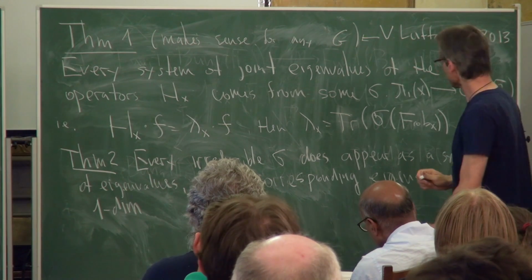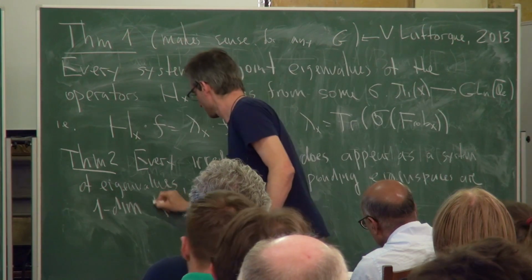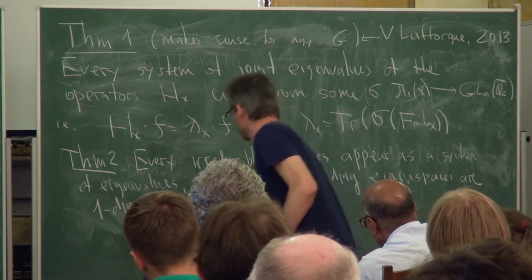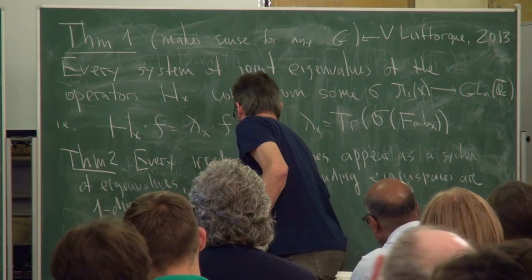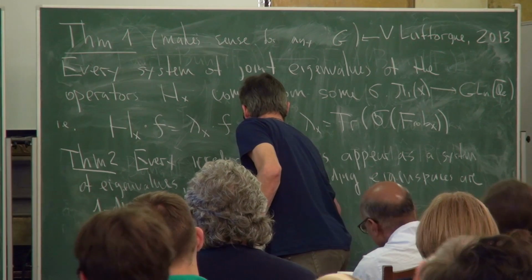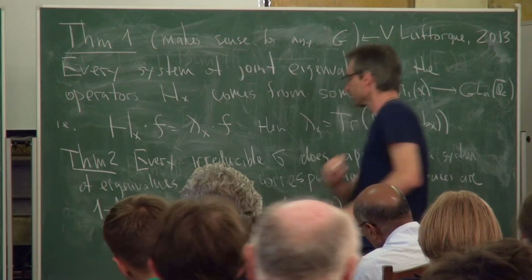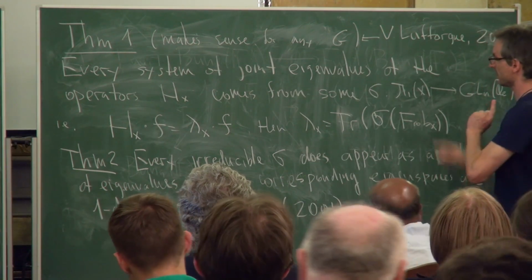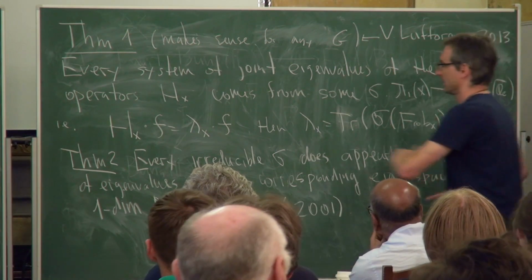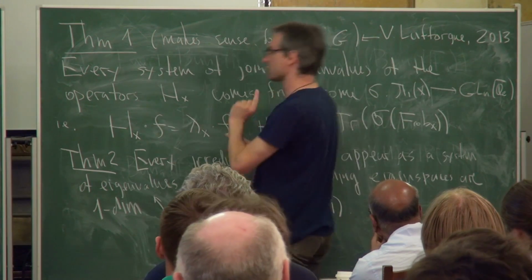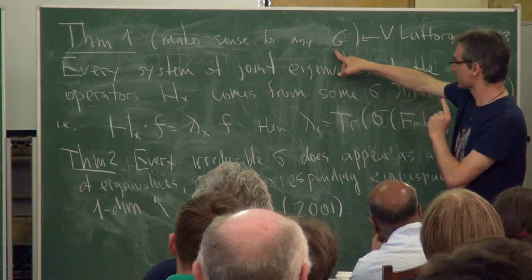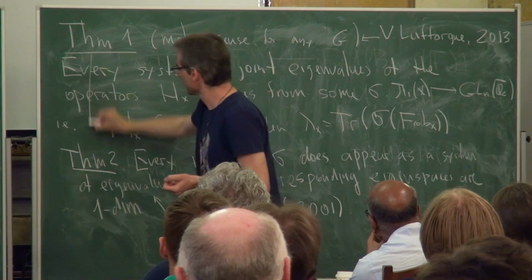And this is his older brother, Laurent, roughly 2001. At the same time, I should say that it's not immediately evident, but it's also true that this theorem for GLN actually implies this theorem.